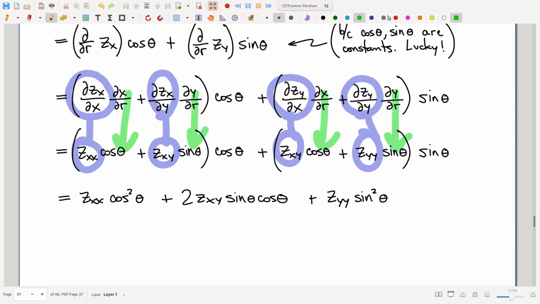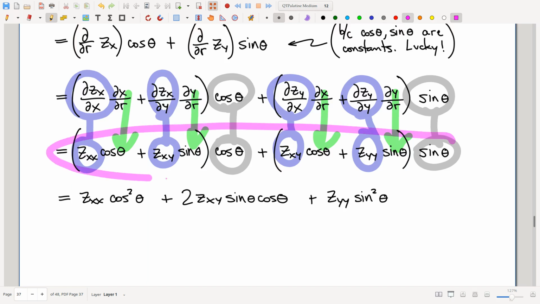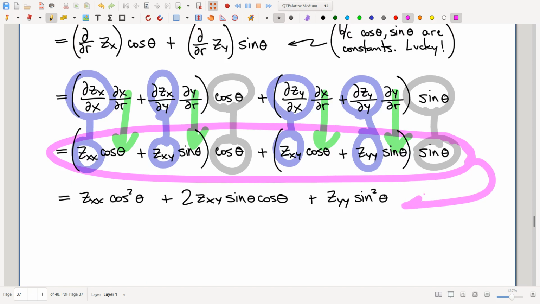Don't forget about your extra factors here. And then you can take all of this monstrosity and multiply, collect terms, and notice that it's a little bit more compact written as I have it at the bottom there.